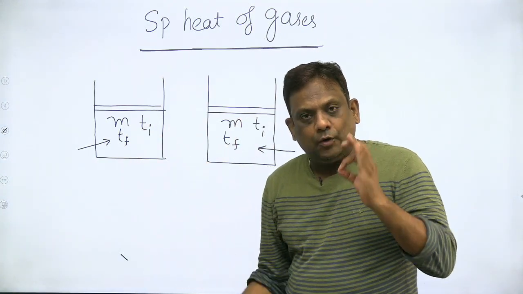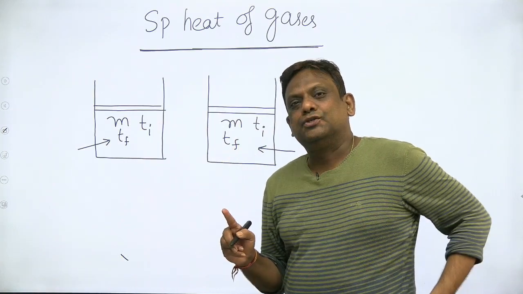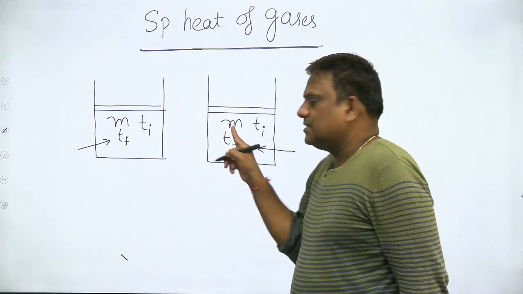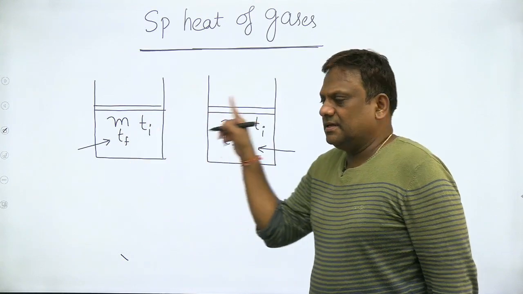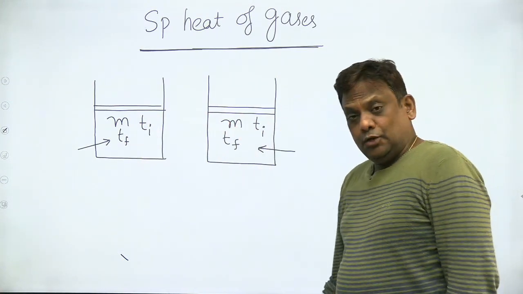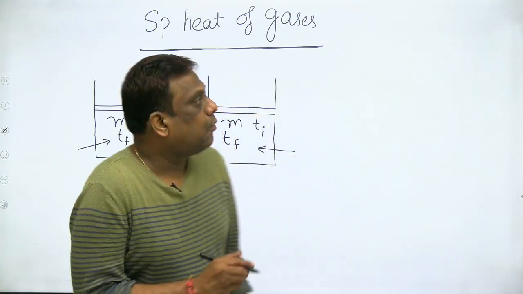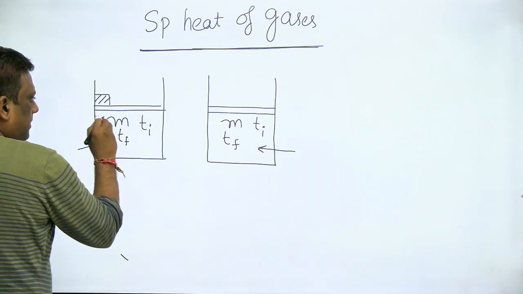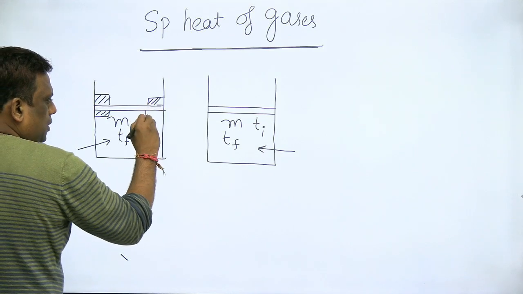Same working fluid, same mass, same initial temperature, same final temperature. Then you may be wondering, when everything is the same, why do you need 2? Excellent. What I do is, let me fix this with stops.